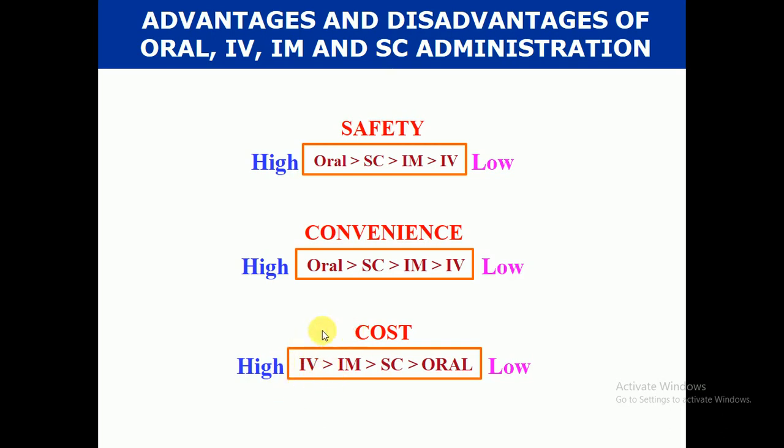It means that whenever we administer certain drugs through the IV route, it is much costlier. IM, intramuscular, is second in order, subcutaneous is third, and oral is the cheapest route of drug administration. It is cheap, everywhere available, and you can take it easily. So these are the advantages and disadvantages of the oral, IV, IM and subcutaneous administrations.